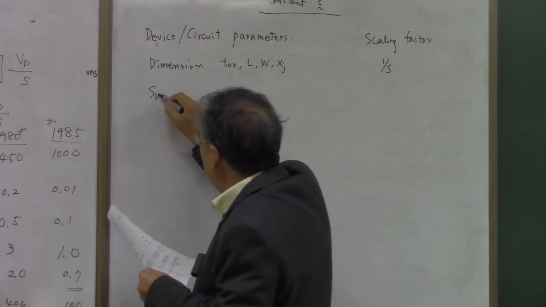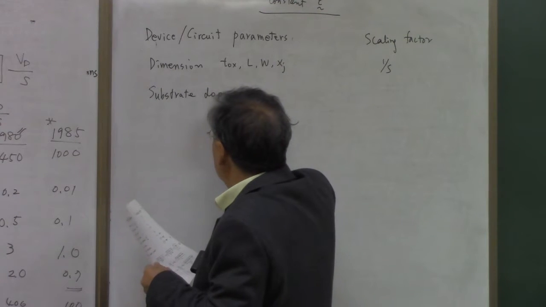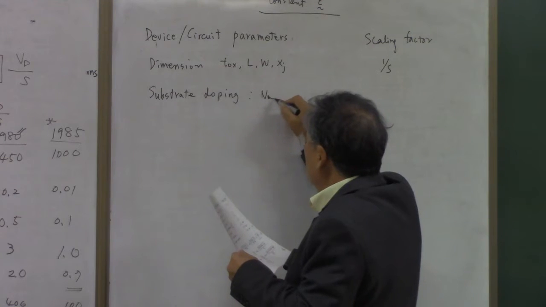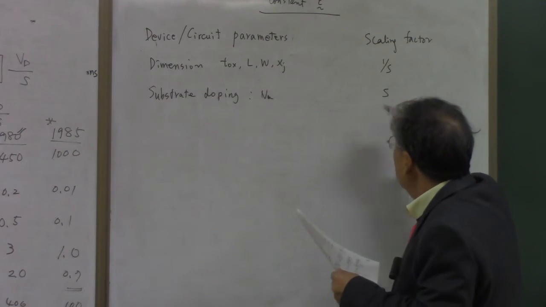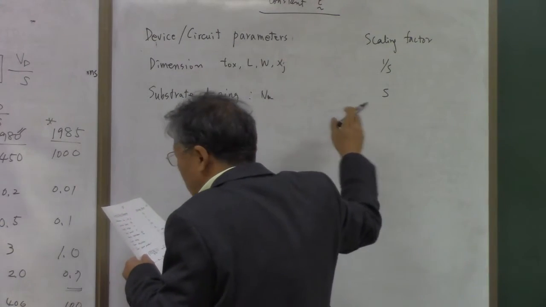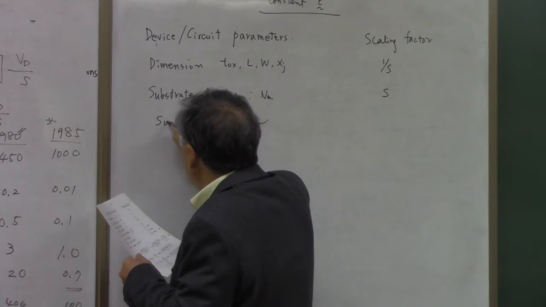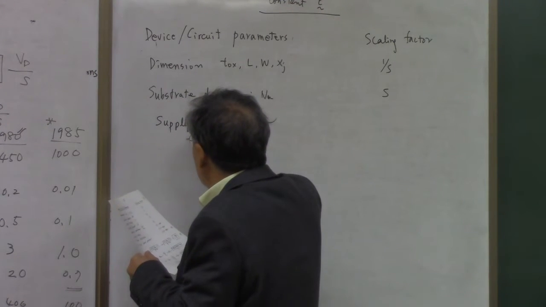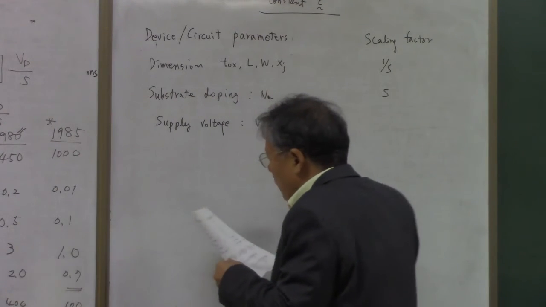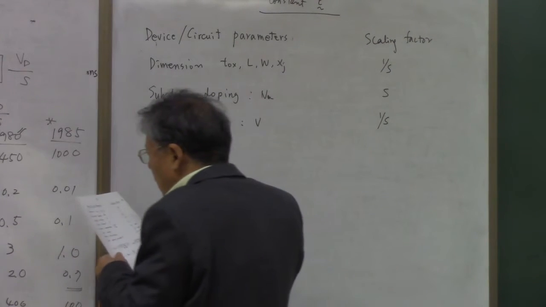And the substrate doping, Na, is going to be scaled by S. It means the substrate doping has to be increased by the factor S, right? And the supply voltage V is going to be reduced by 1 over S.